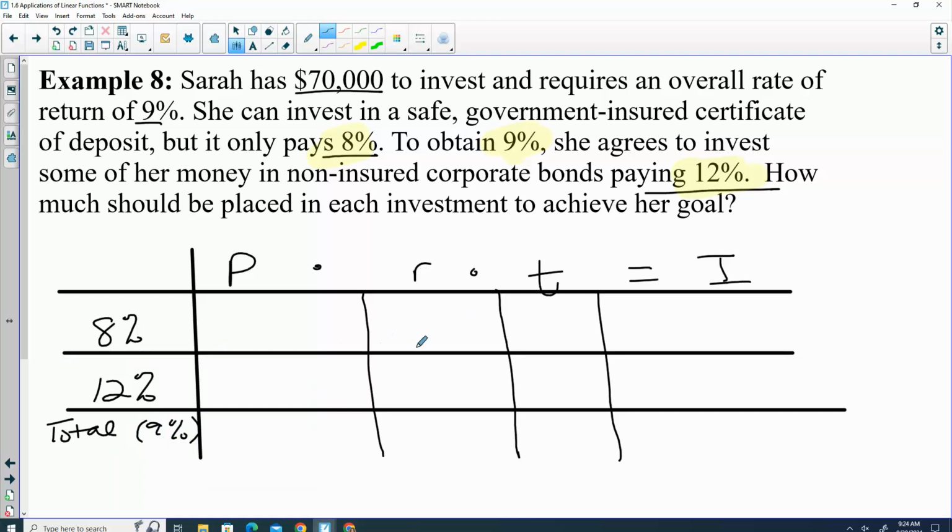Okay, so if it's 8%, what's the rate? 0.08. 12% would be 0.12. 9%, 0.09. She has $70,000 right now. Where would that go?